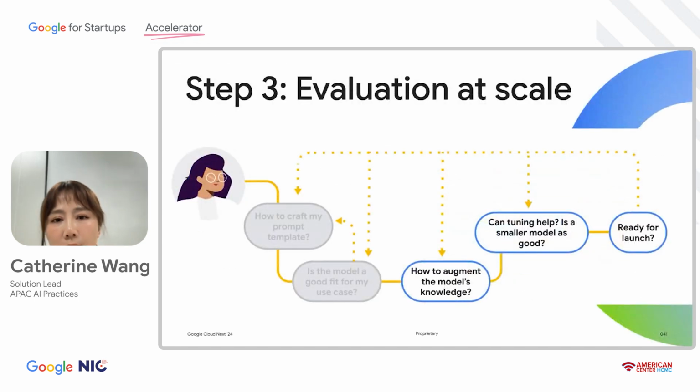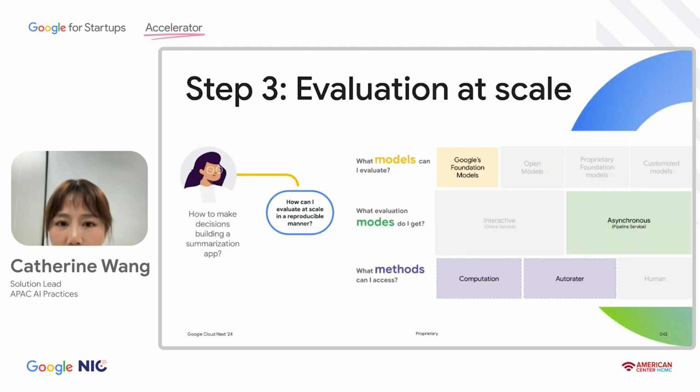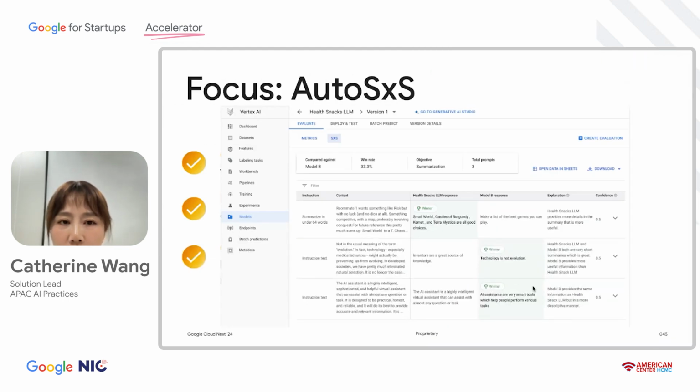So the third one is evaluating at scale. This is an interesting one where we are using more of an auto side-by-side type of evaluation. When we are running the model and side-by-side, there is an example notebook that I can share with you after this session for you to run. This is the result.